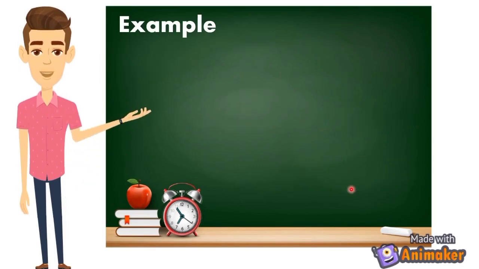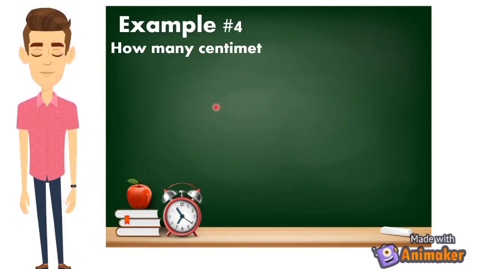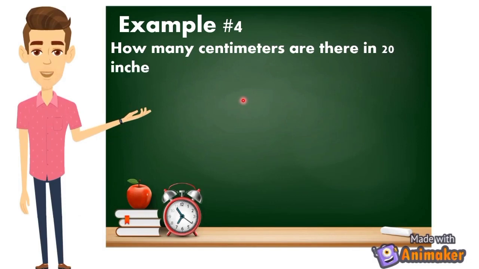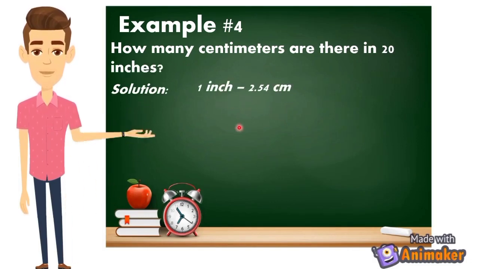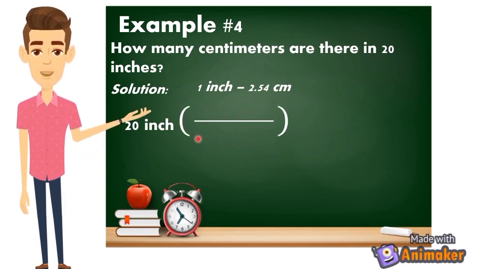Next, example number 4. So, how many centimeters are there in 20 inches? For the solution, in 1 inch, there are 2.54 centimeter. Again, in 1 inch, there are 2.54 centimeter. So, given na 20 inches tayo dyan, so common unit of measurement is inch.